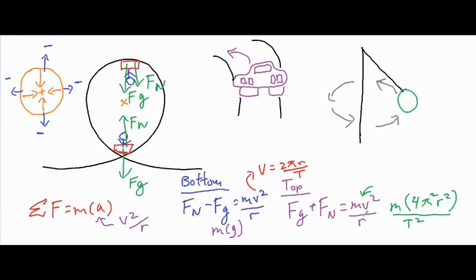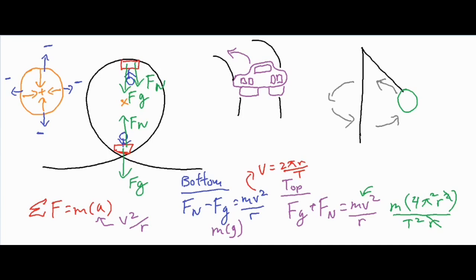Then we have this little r over here. So we could cross out one of the r values, one on the top and one on the bottom, and if we wanted to solve for a period or plug in a certain period, that's what it'd look like once you do that substitution.